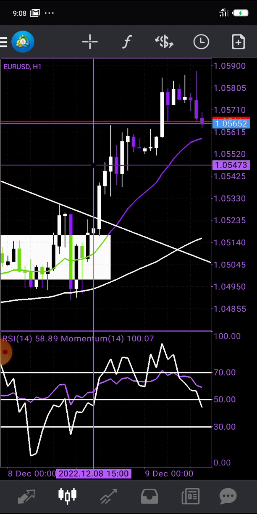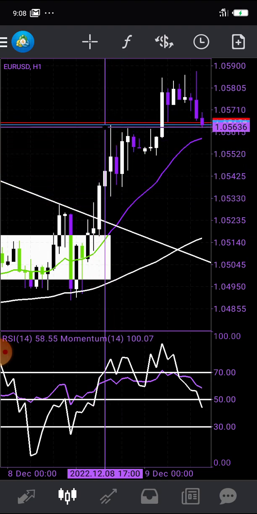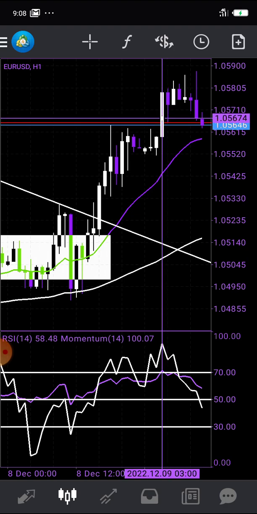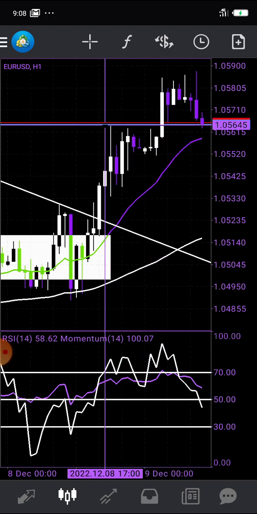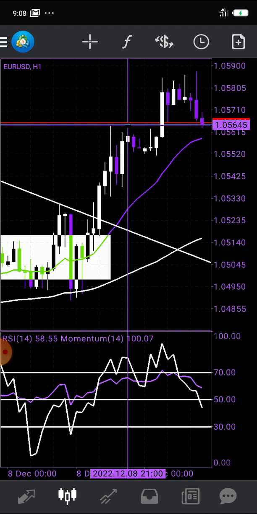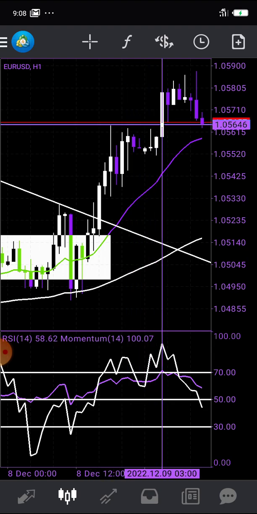So you would have gotten this trade in just a few hours. This was from 5 o'clock to 3 a.m. this morning, so let's say 7, 8, 10 hours thereabouts.